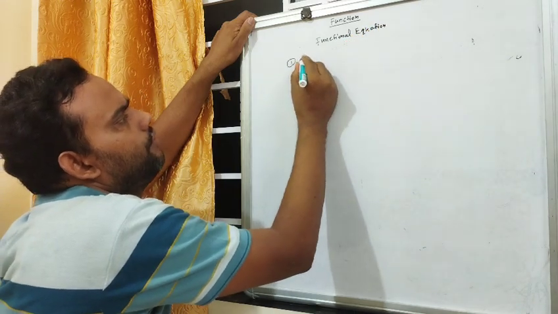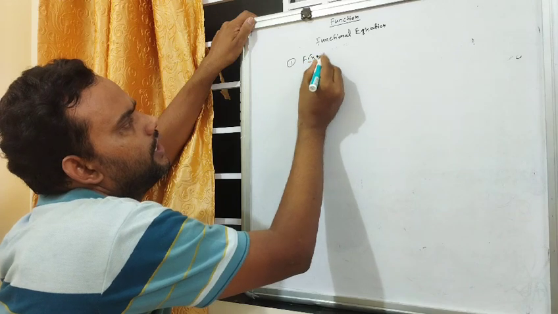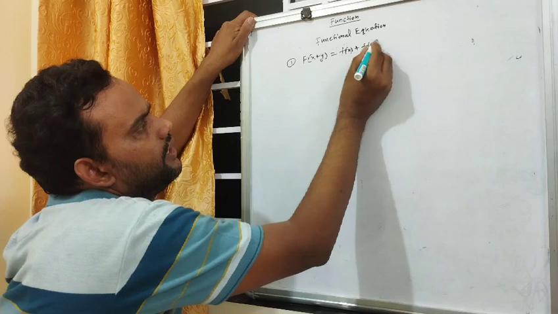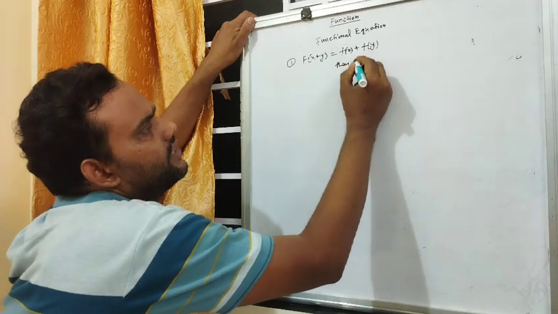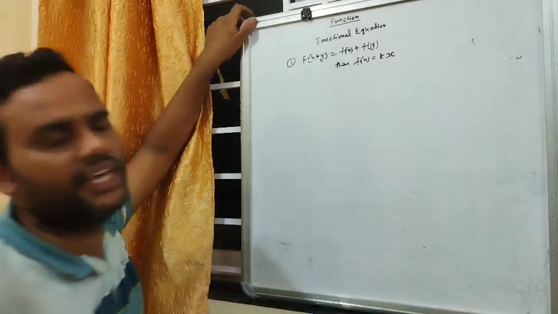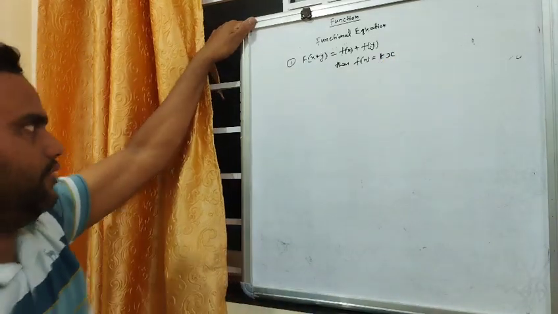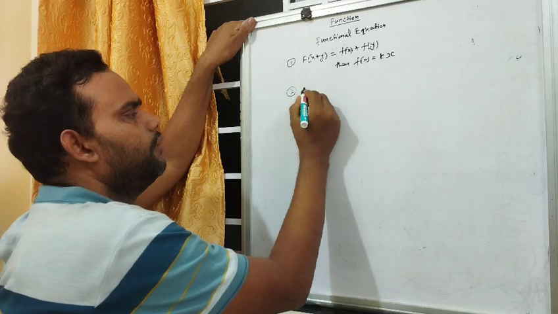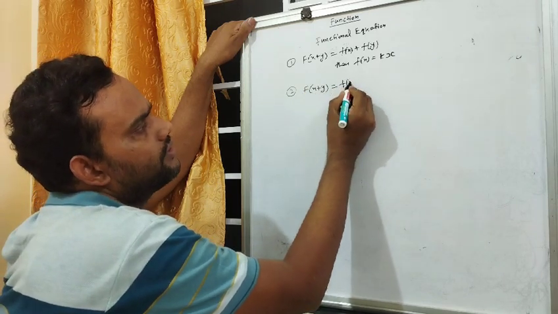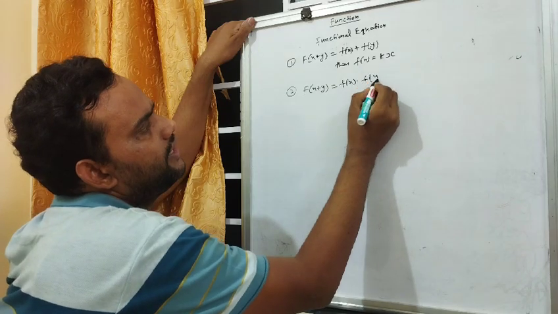First is f of x plus y equals f of x plus f of y. Then we consider f of x equals k into x, where k is an arbitrary constant. Second one, f of x plus y equals f of x into f of y.